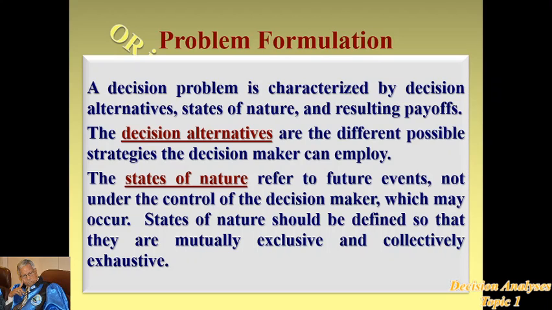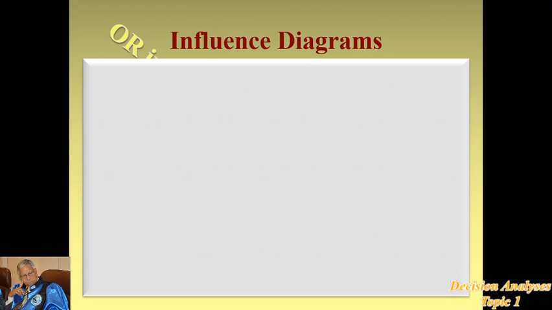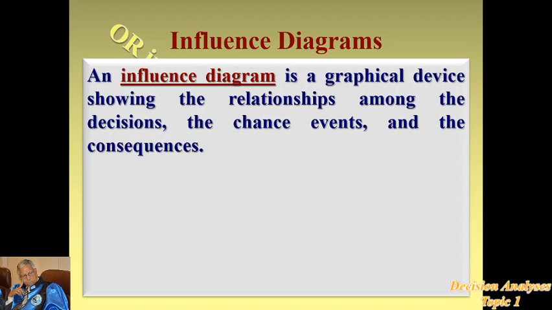Both decision alternatives and states of nature will be formulated in a model called an influence diagram. The influence diagram is a graphical representation of the relationship among the decision, the chance event, and the consequence.